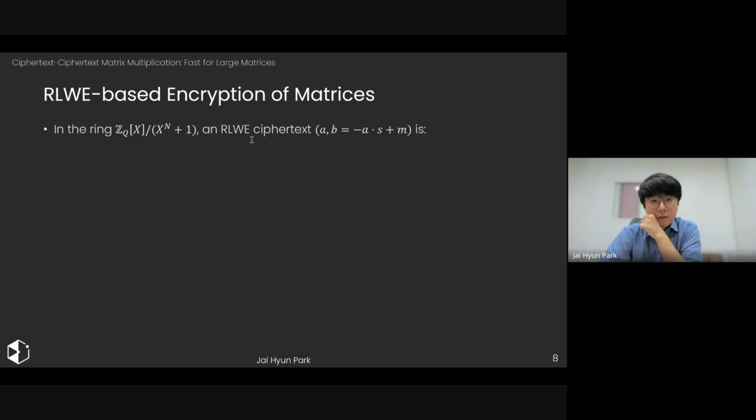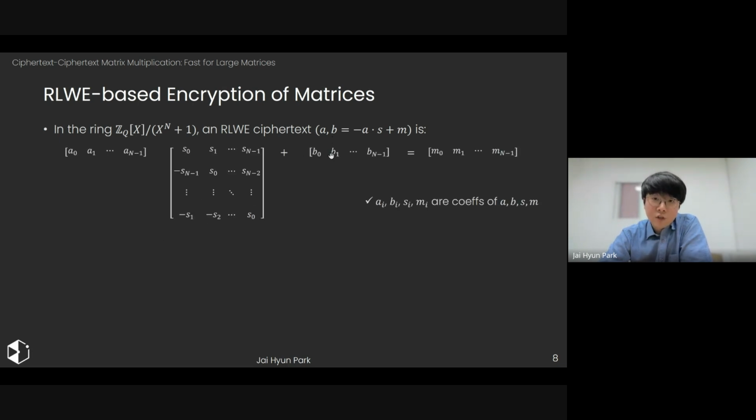Usually, a ring LWE ciphertext means a pair of ring elements A and B which satisfies A·S plus B equals M. And we can understand it as a linear equation like this. If you see the first entry, M0 is a linear sum of this plus B0, and M1 is also a linear sum of this plus B1.